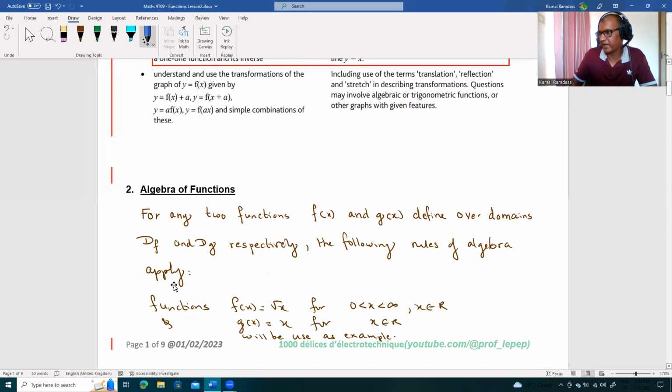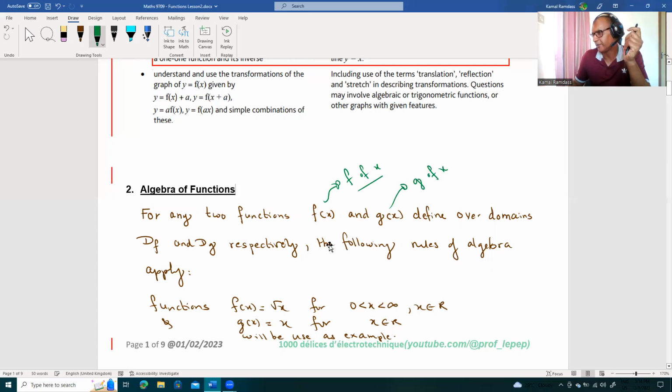OK. Et comprenez bien, on prononce ça comme f of x. Et on prononce ça comme g of x. OK.